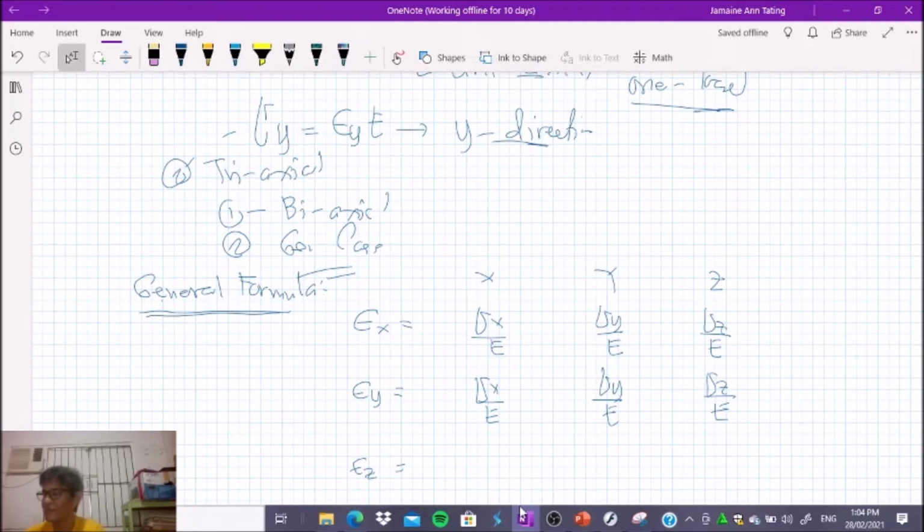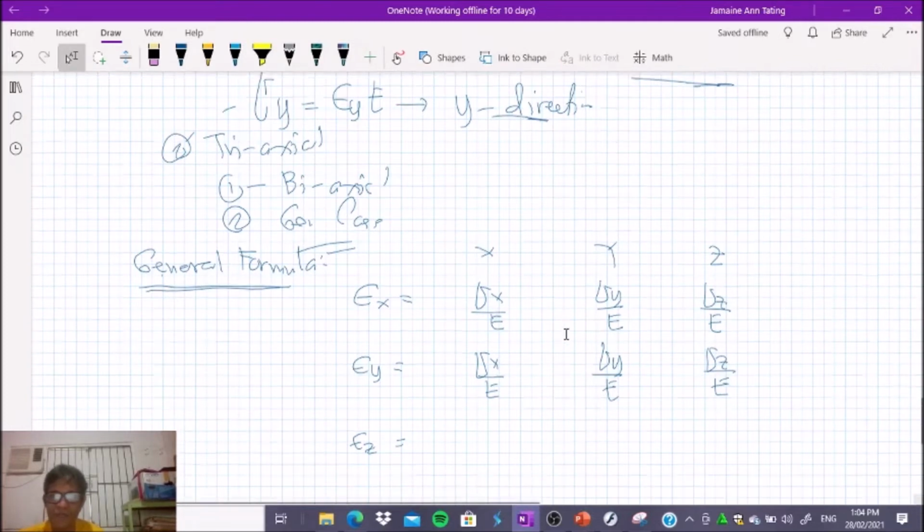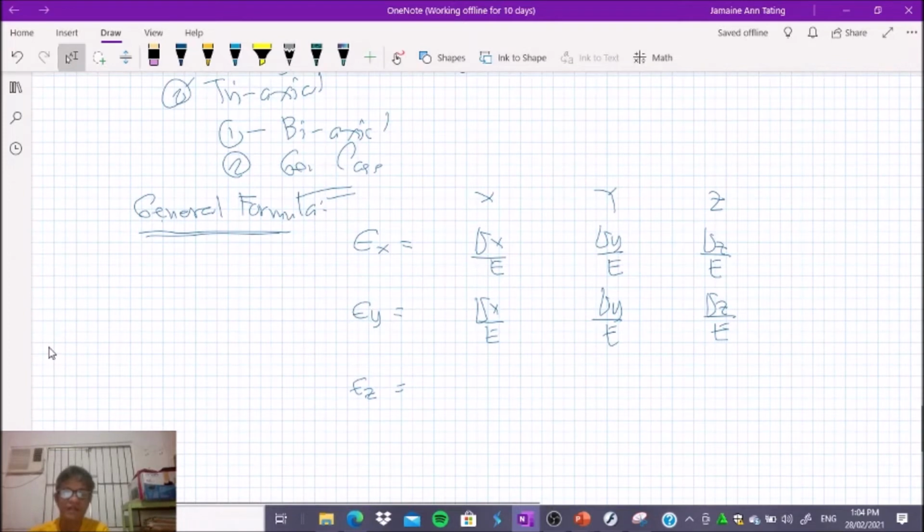And last, we have sigma x ulit, sigma x over e, sigma y over e, and sigma z over e. Ngayon ito, lagyan mo ito ng Poisson's ratio.